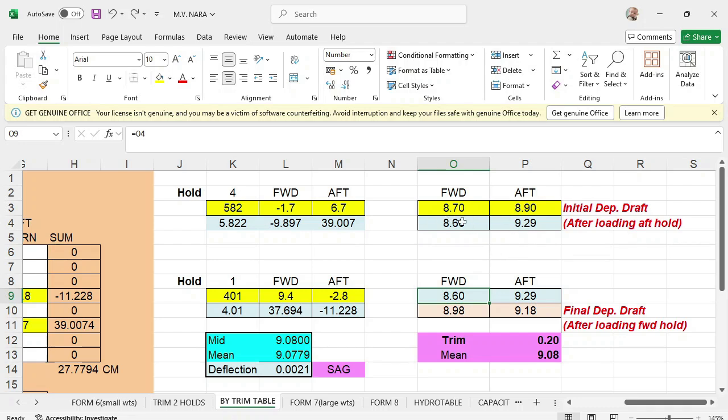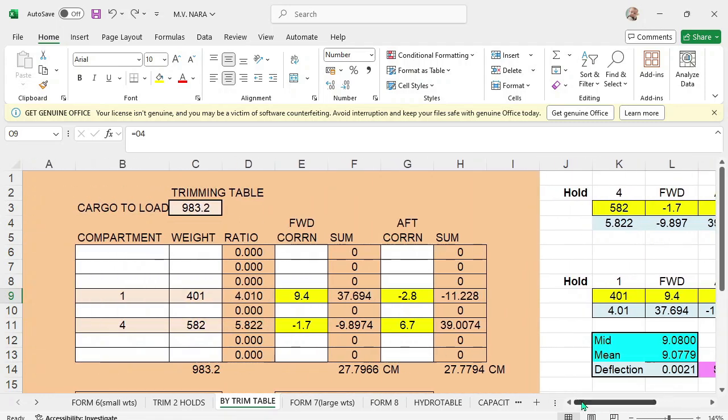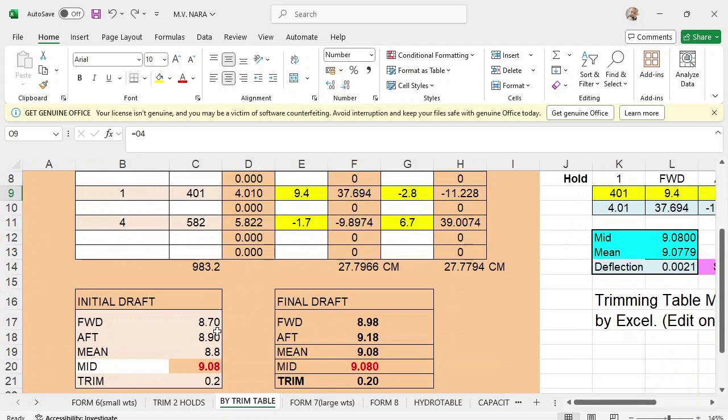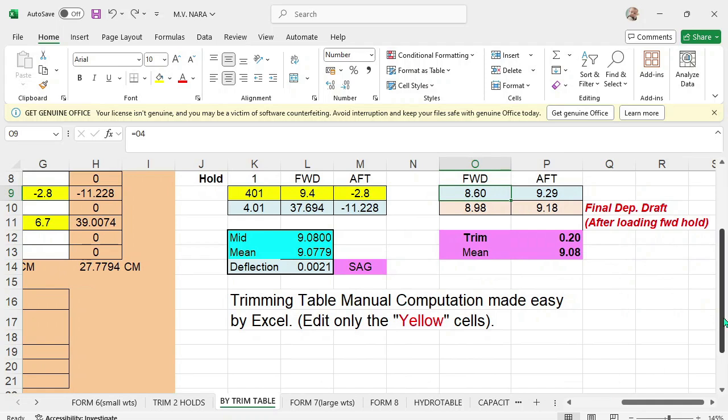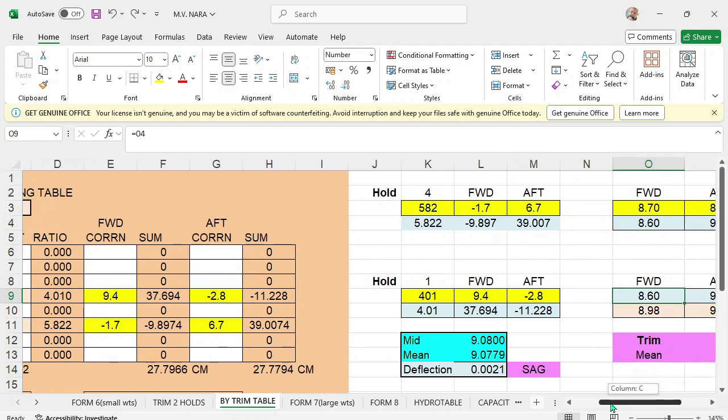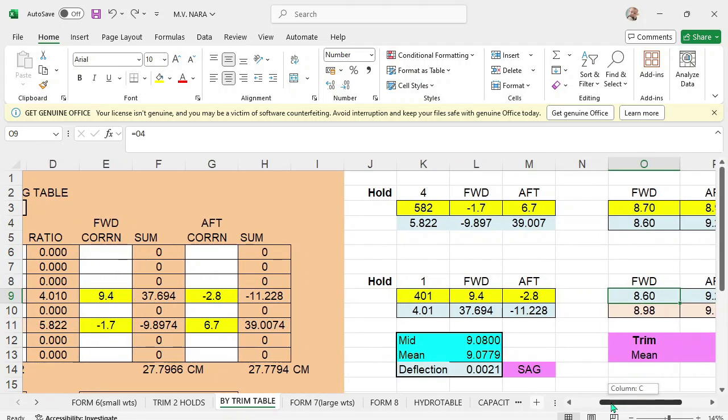Your initial drop is forward 8.70, up is 8.90, which is this one. So you're going now to load in hold number 1 to reduce your trim.